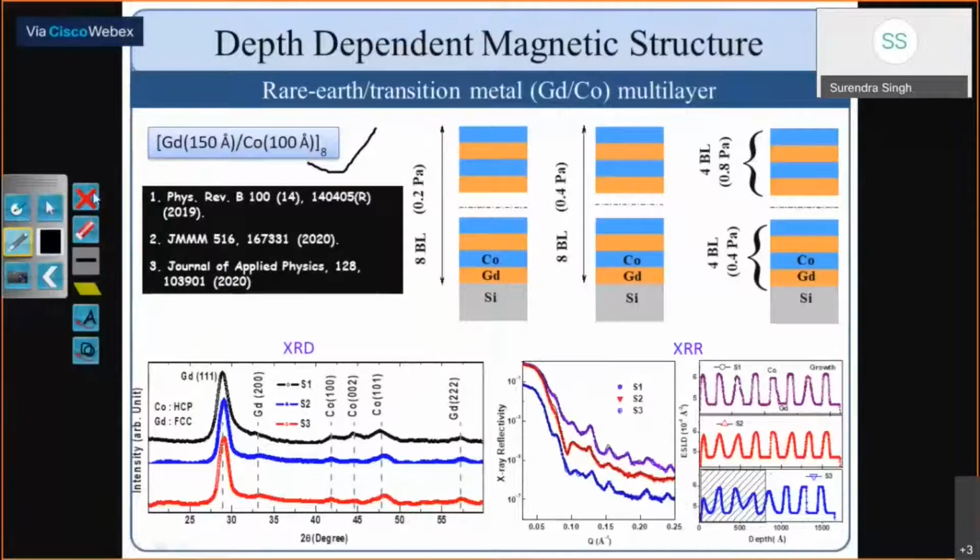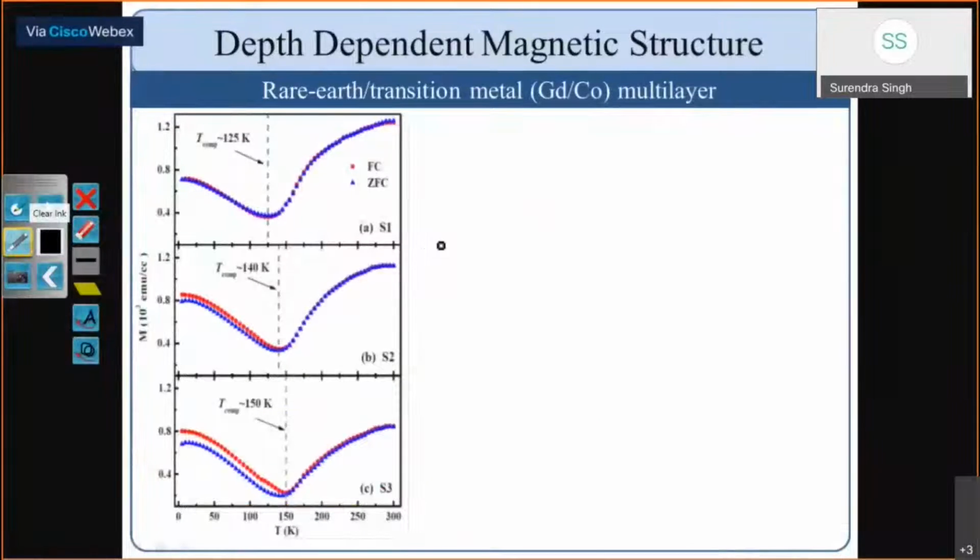Let us see next what we did. Again, magnetization. For S1, which was grown at the lowest argon pressure, we can see FC and ZFC. There we didn't see any splitting of FC and ZFC, but the compensation temperature is around 125 K for S1.